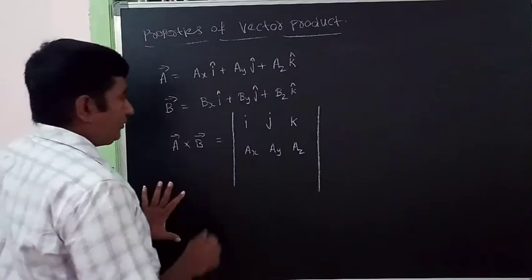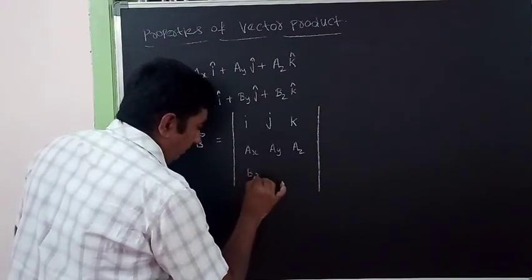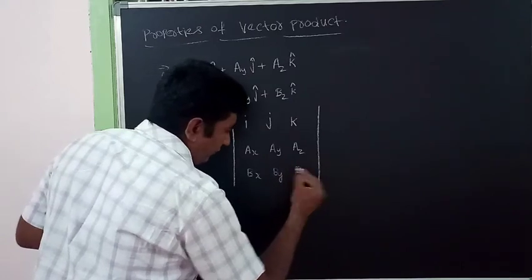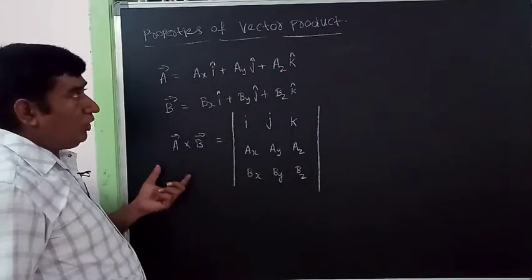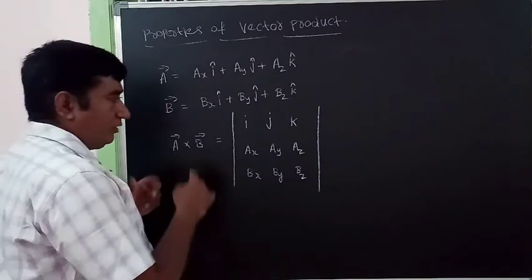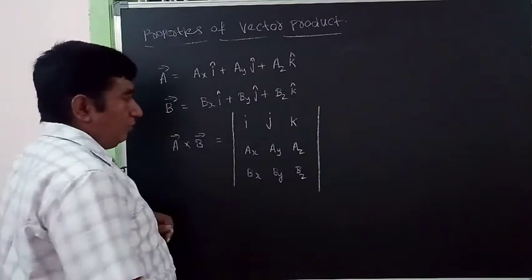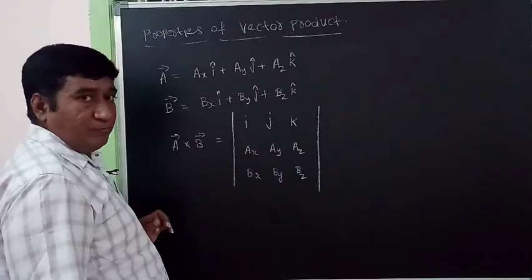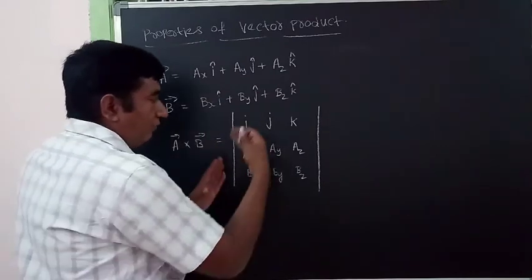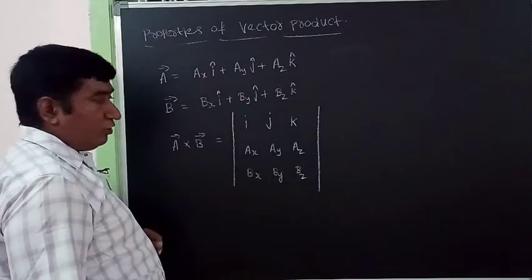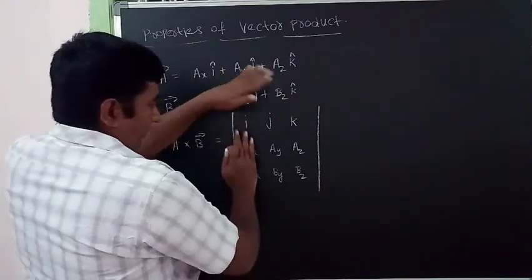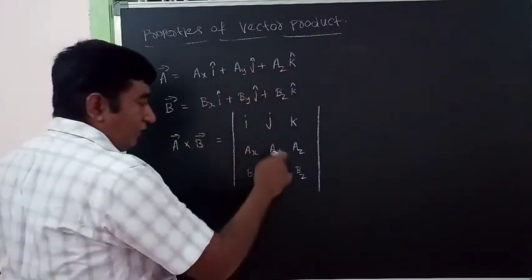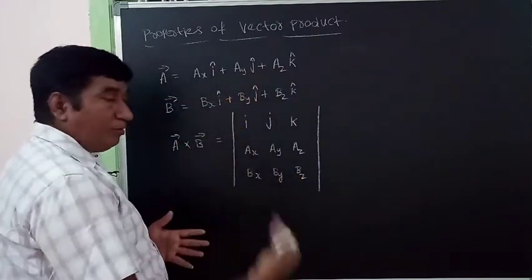Next, the b vector: bx, by, bz. We can multiply only two vectors like this. The result is a vector, which has both magnitude and direction. First we will find the magnitude along with the direction. If I have to find along i cap, we consider the y and z components.